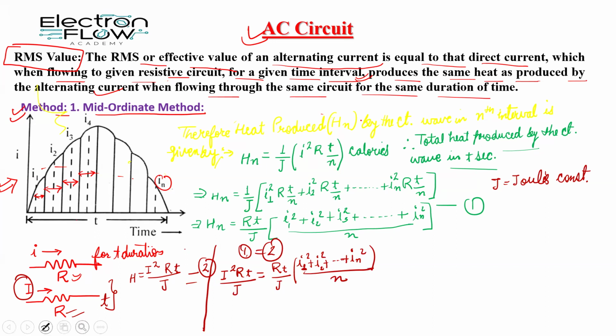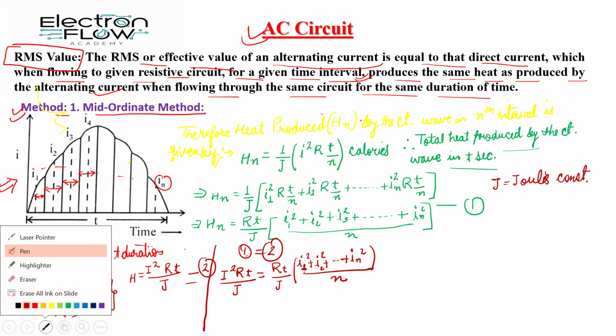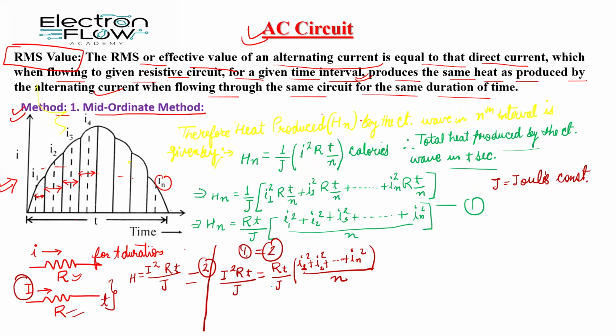So the value of I square is equal to I1 square plus I2 square and so on up to In square, divided by n intervals.